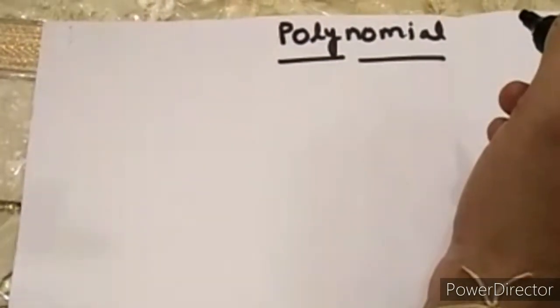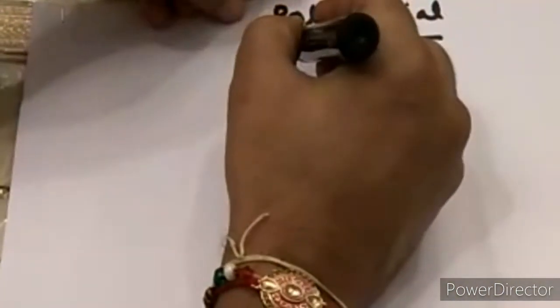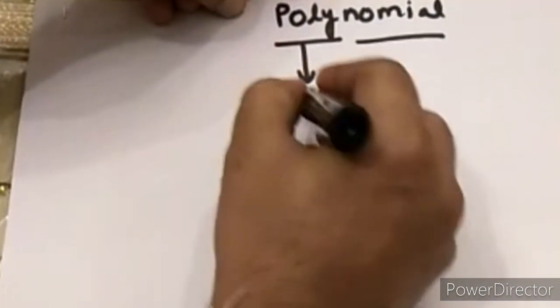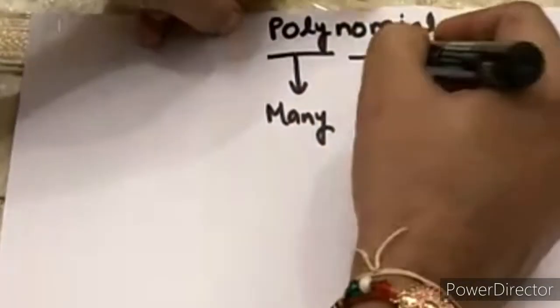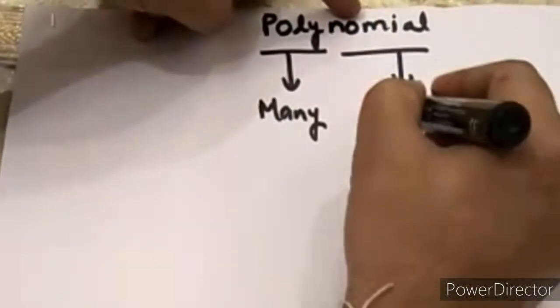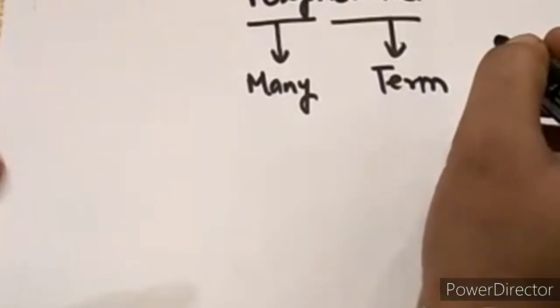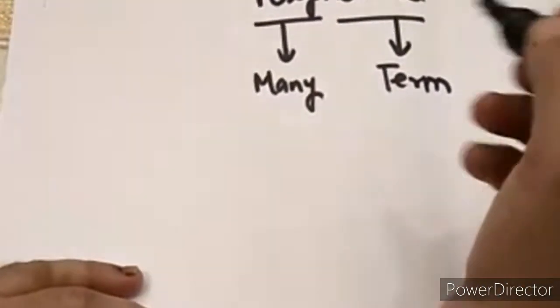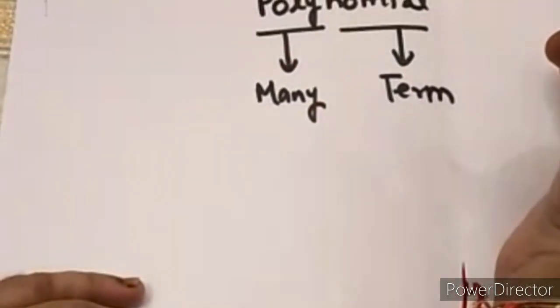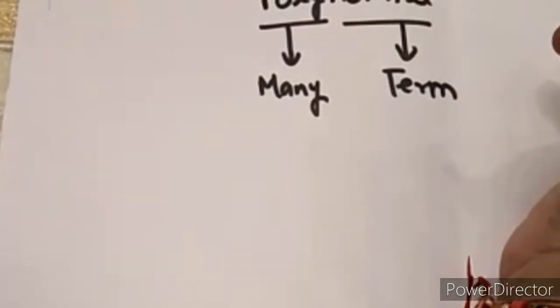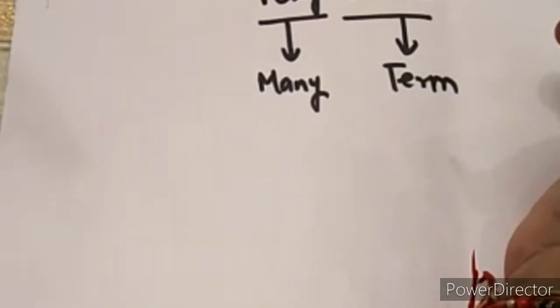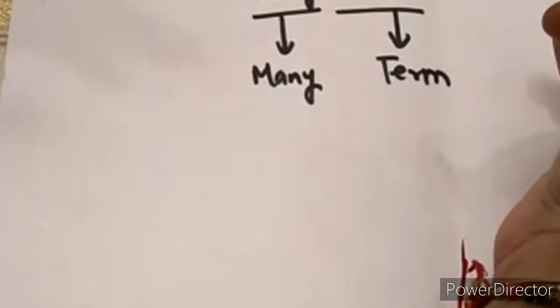If we know the meaning of these two words, our life will become easy. So, poly means many, nomial means term. In simple words, a polynomial is a function which has many terms. It can be one term, it can be 2, 3, 4, up to infinity.